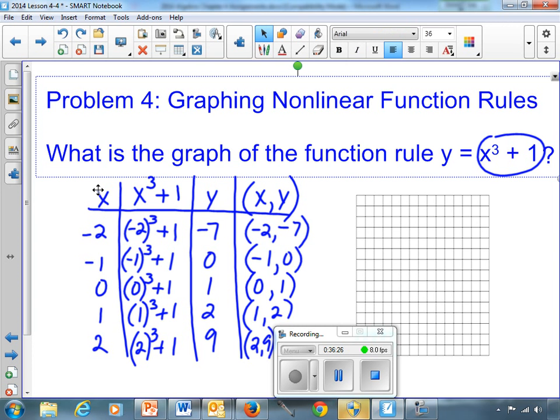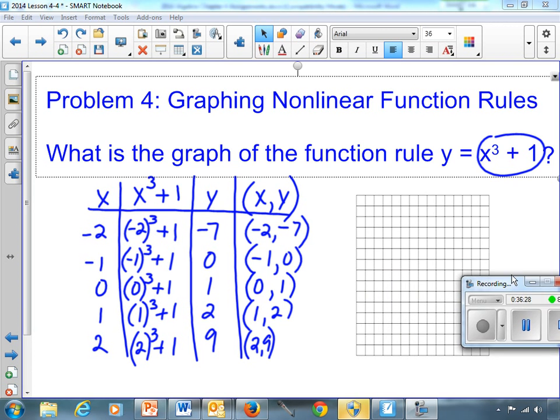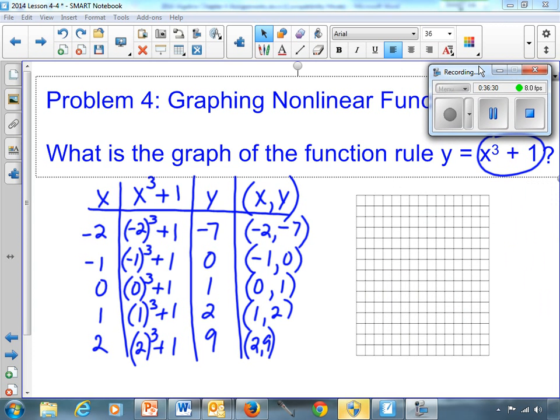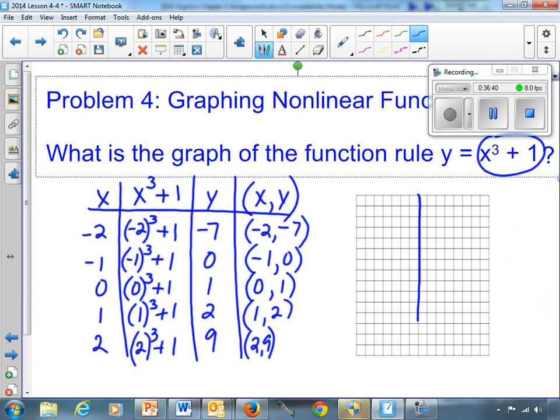All right, putting that on our graph, move this up out of the way. Let's see, I'm going to need positives and negatives, so I'm just going to draw my y-axis here in the middle and my x-axis in the middle, kind of.